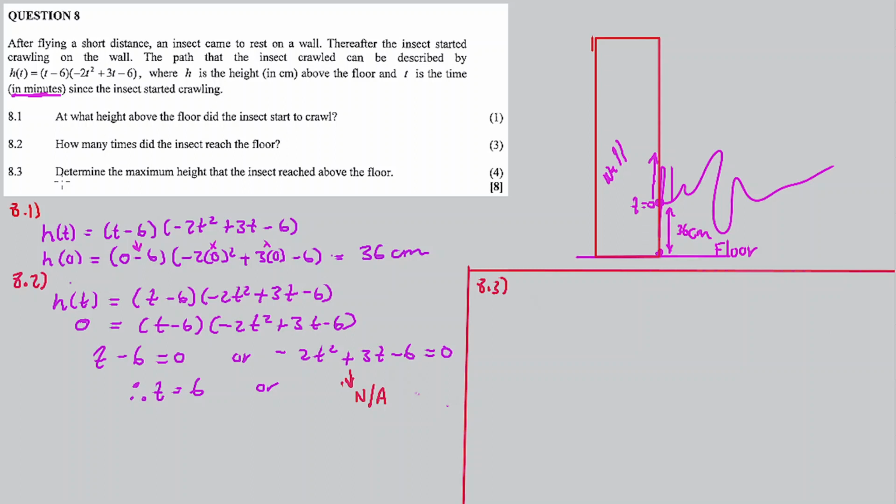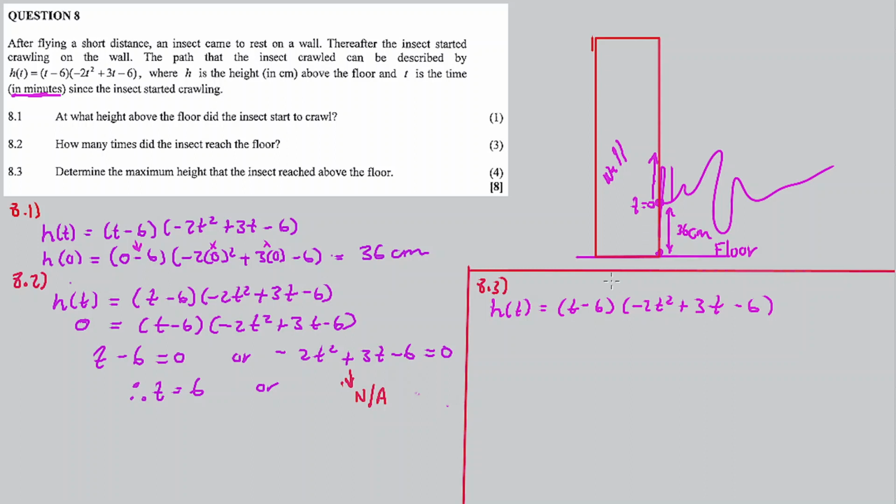8.3: determine the maximum height that the insect reached above the ground. Okay, we have this equation here. In this equation, I need the maximum height reached by the insect above the floor.